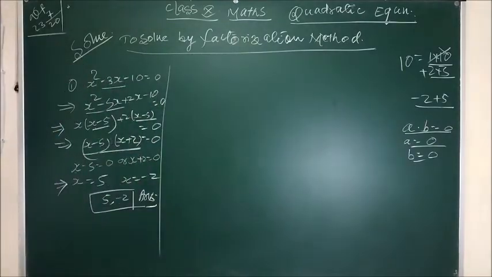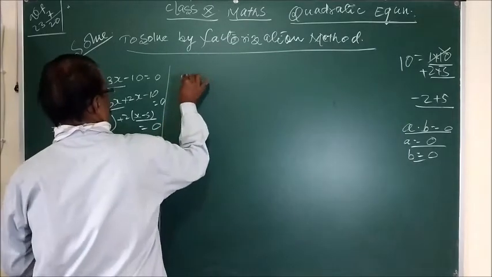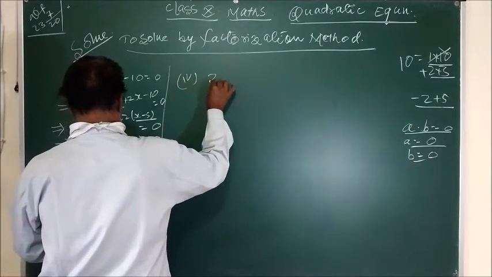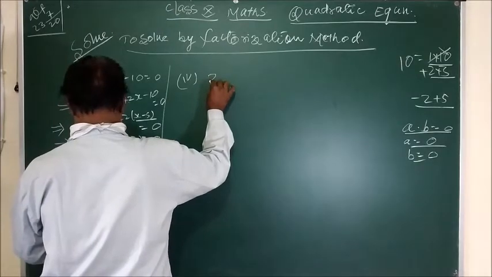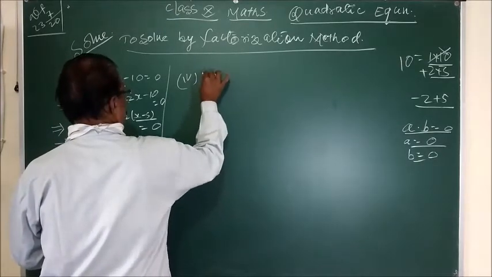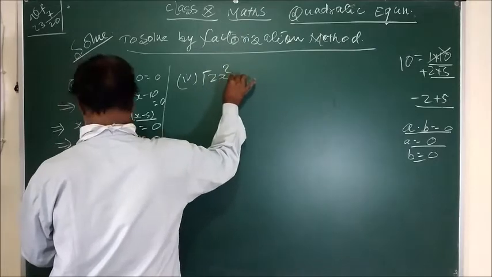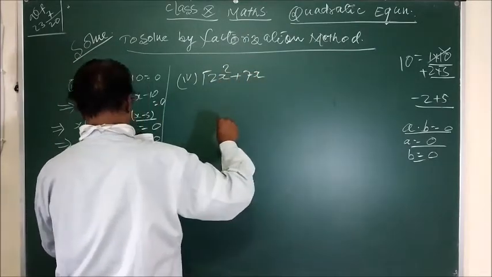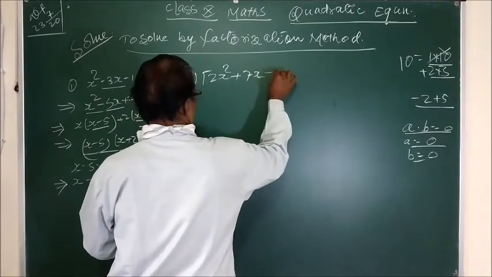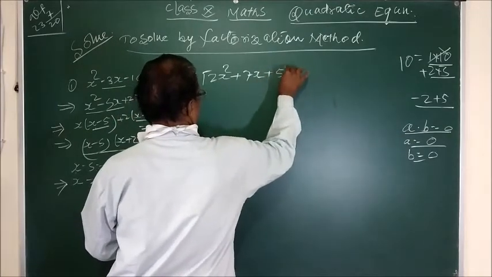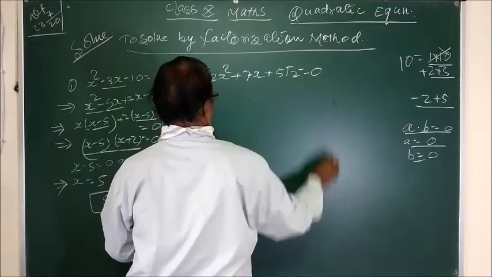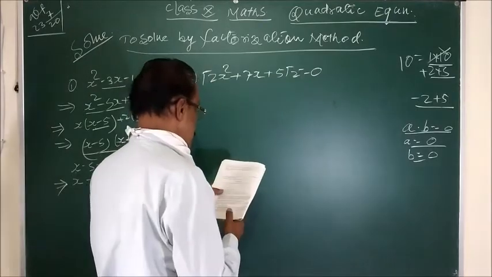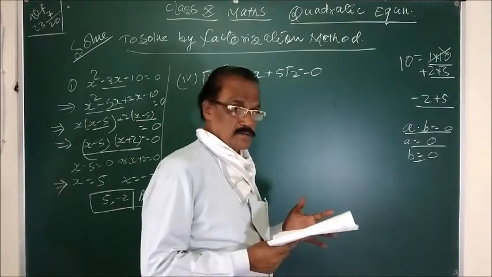Now you see, I will explain one more question. Now question number 4: root 2 x square. There is a problem with the students. They are confused when some coefficients are given in a root.